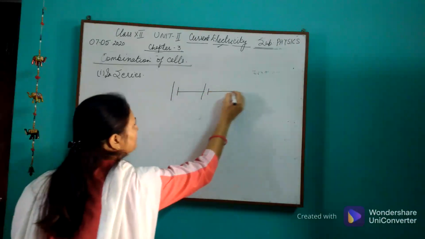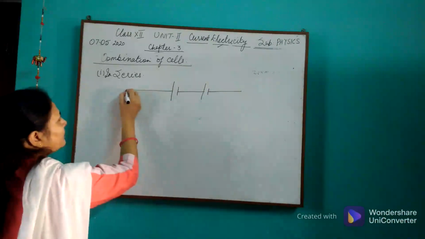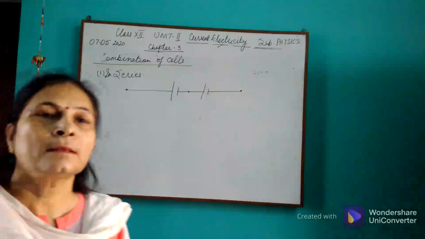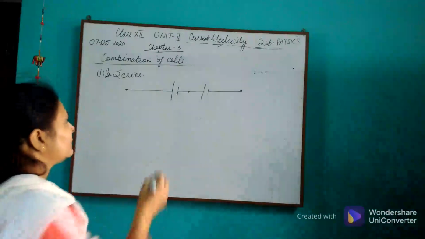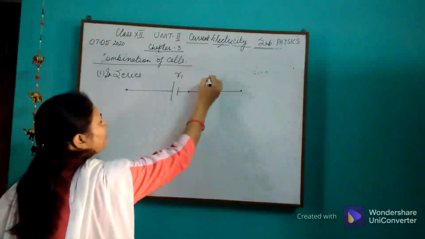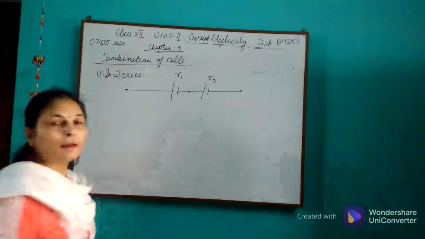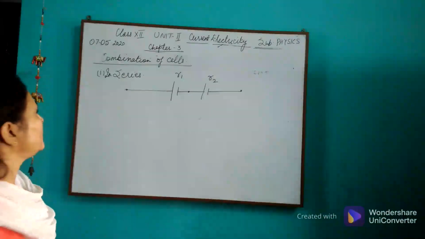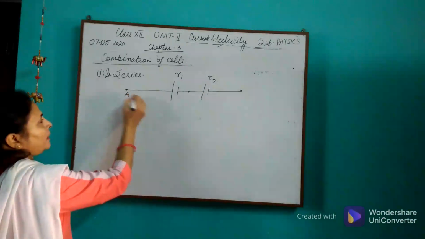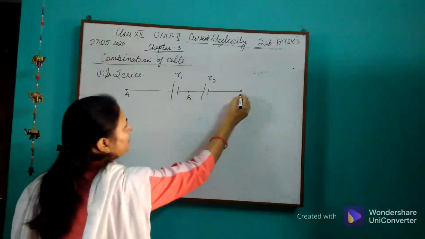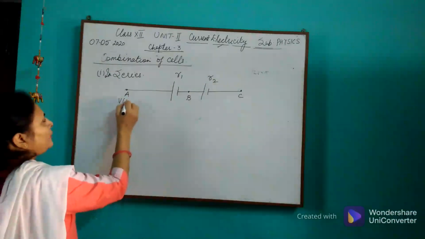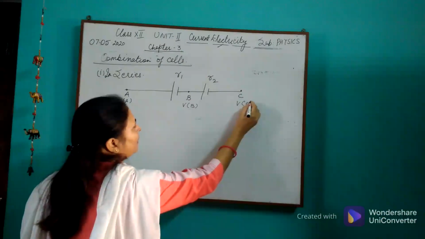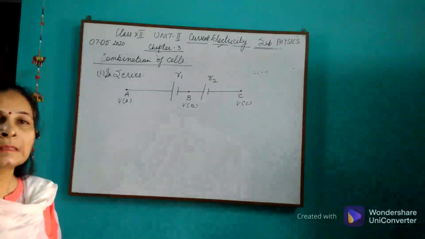two cells connected end to end like this in series. Let the internal resistances be say r1 and r2. Let the potentials at point A, point B and point C be say VA, VB and VC.